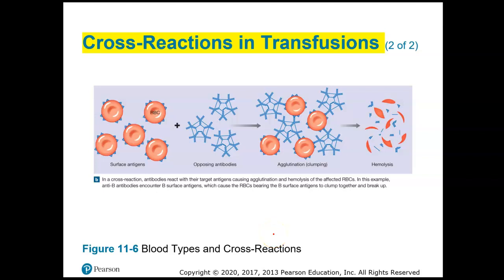This is an illustration showing how cross reactions happen. What you're seeing here are red blood cells with the B surface antigen on them, so this is for type B blood.